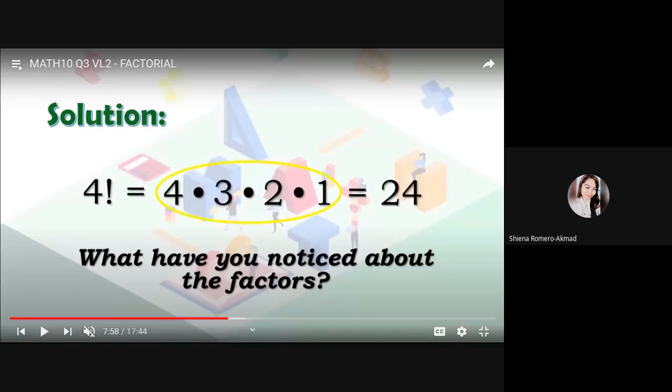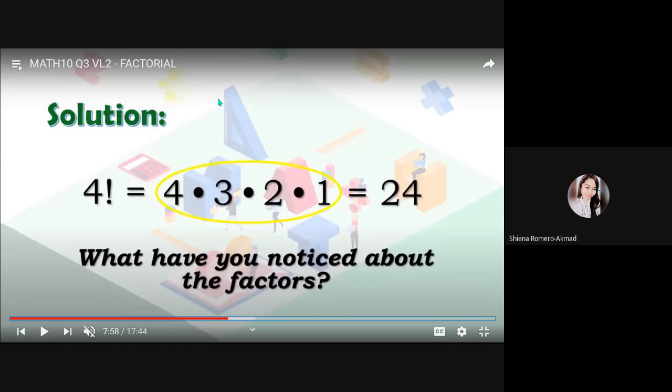They are counting numbers, ma'am. They are counting numbers and at the same time, ano pa? Bukod doon. Ano napansin niyo sa kanila?